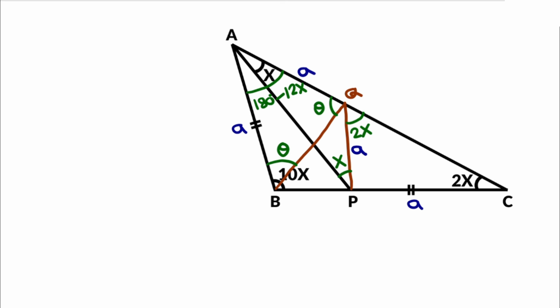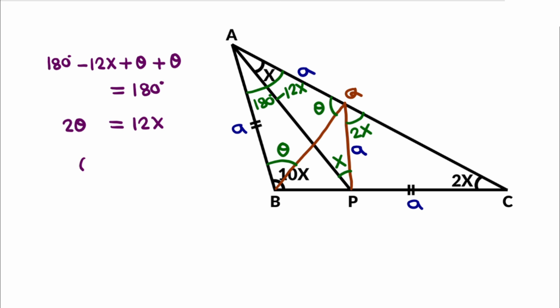Adding the three angles gives 180 degrees minus 12x plus theta plus theta equals 180 degrees. Simplifying, 2 theta equals 12x. So theta equals 6x.